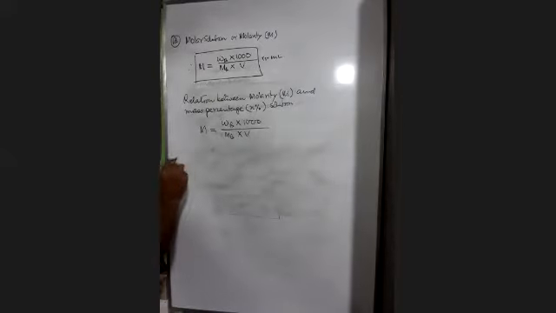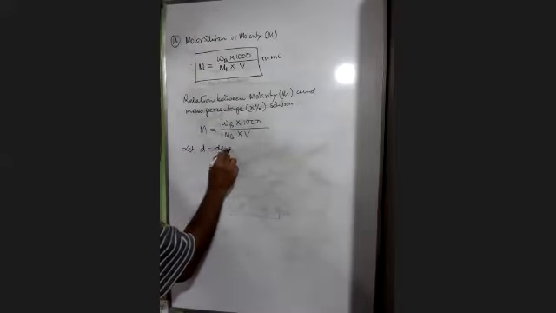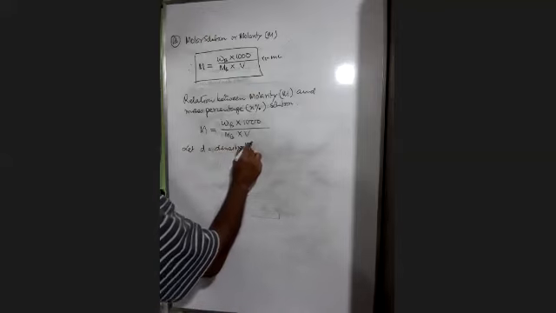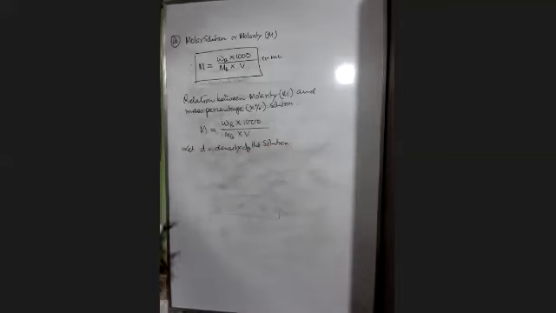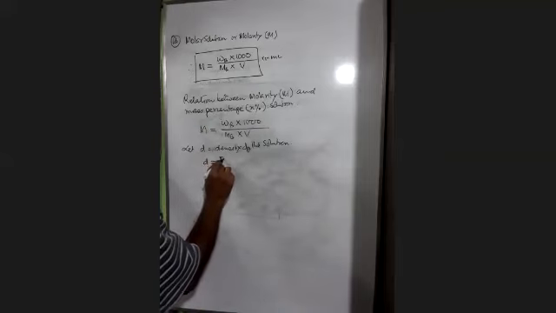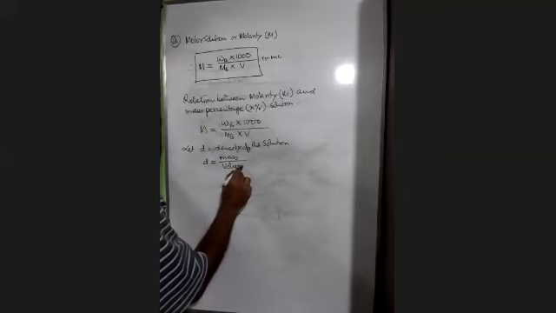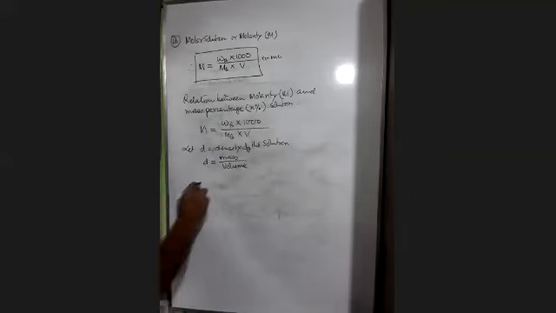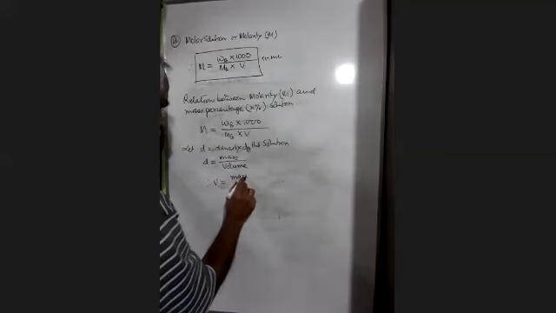Now see, let D be the density of the solution. Now see, density is what? Mass by volume. Therefore, volume V is equal to what? Mass by density.